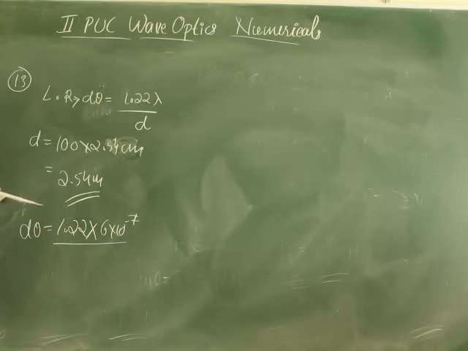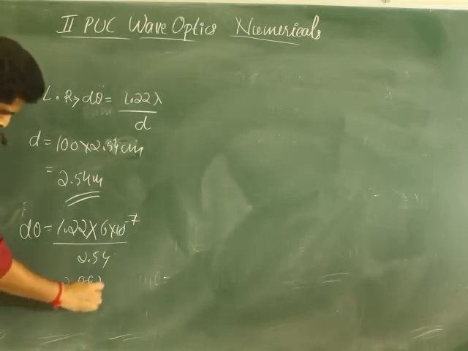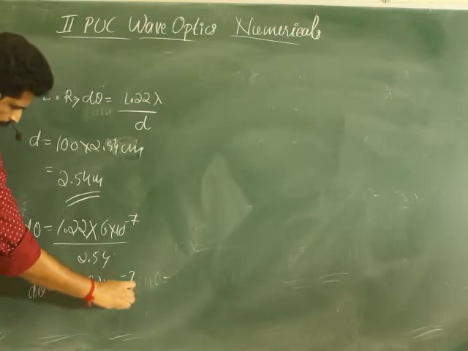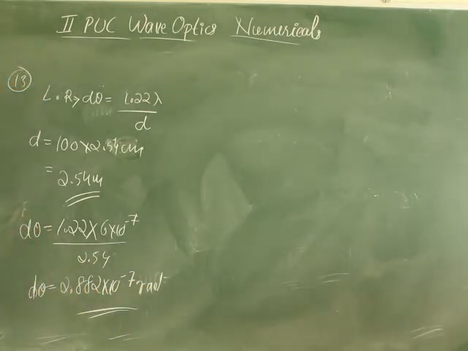D value is, of course, 2.54. Finally, d theta is equal to 2.882 into 10 power minus 7 radian you will get. Check this. We have solved one numerical which is actually from the telescope concept.